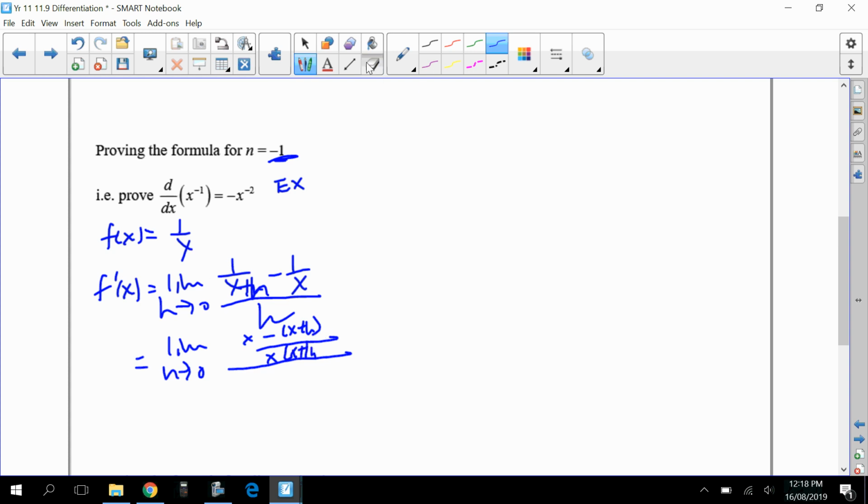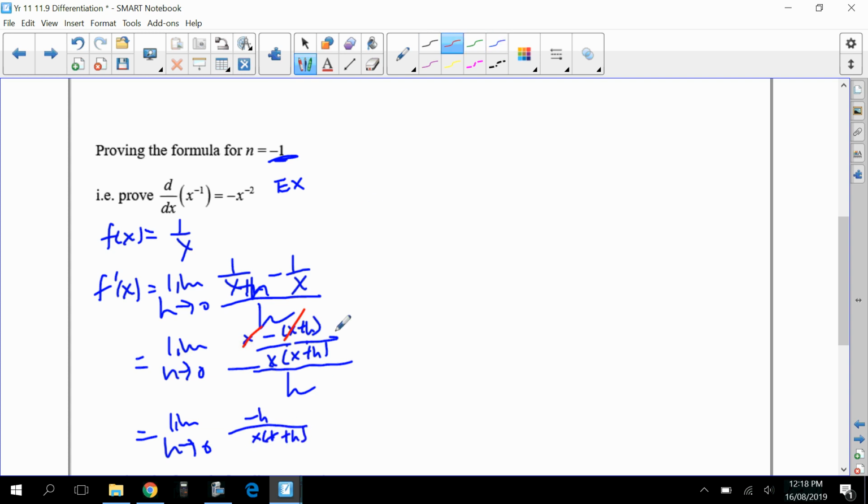That was not very neat, so we correct it. So you make a common denominator, x plus h, all over h. And that requires you to do some work because the x gets cancelled. You're left with negative h over x plus h.